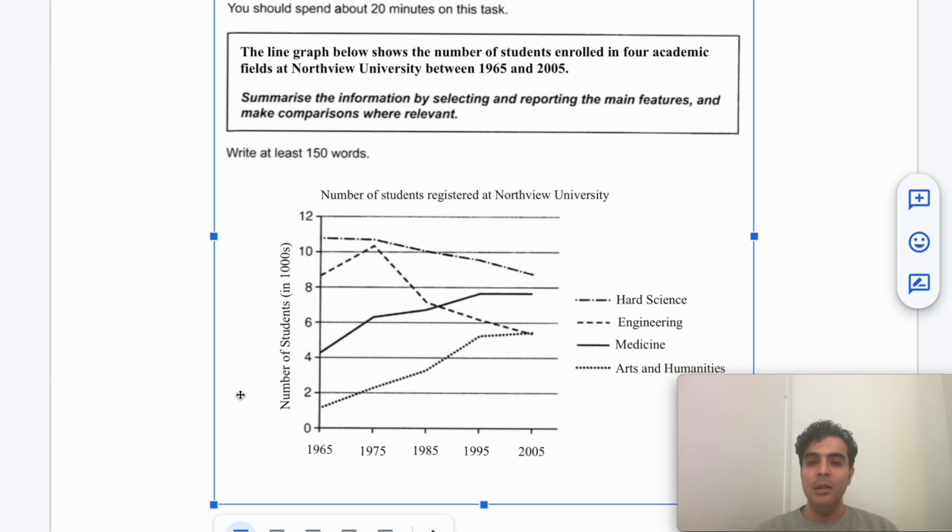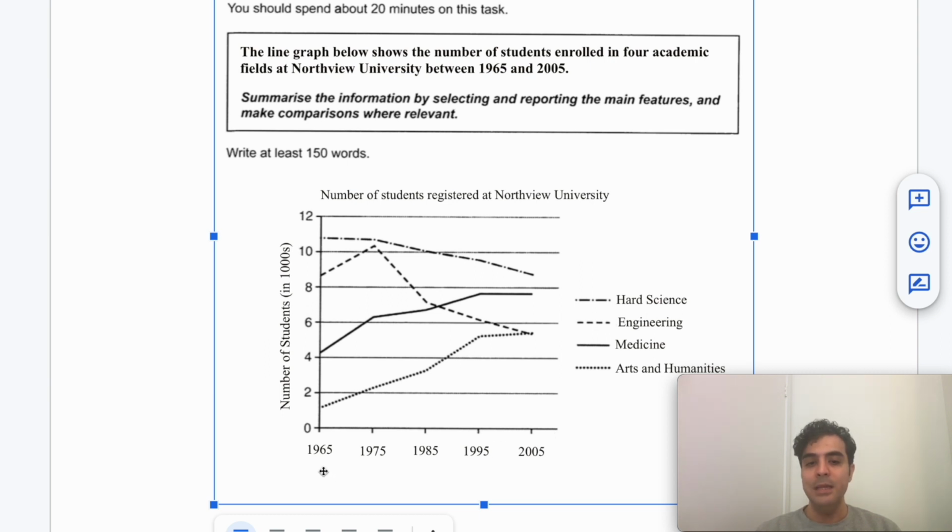Now, in a line graph like this, there is always a vertical axis, which is this axis here, and we have a horizontal axis, which is this one here. Most of the time, the horizontal axis will represent time, some sort of division of time.